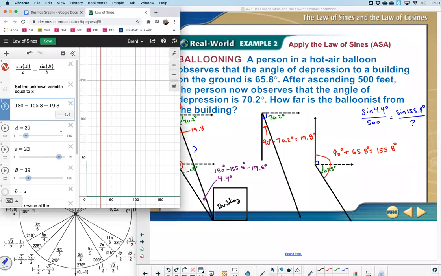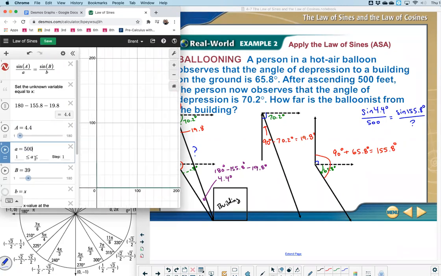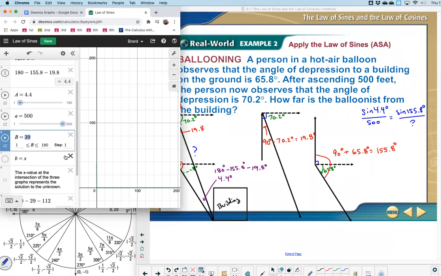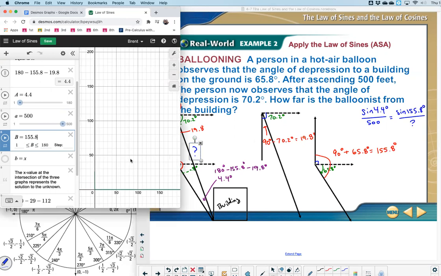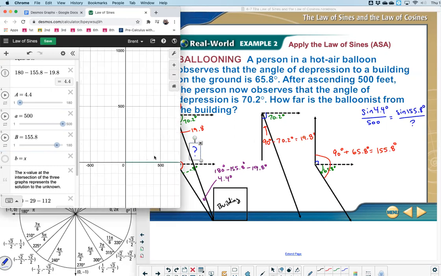And so let's go type in our values. My completed set goes first. I have 4.4 here. I have 500 here. And then underneath it, I have an angle of 155.8, and x is unknown. I do have an idea it's going to be way bigger than 500. The reason I'm not seeing it is I probably just need to zoom out.